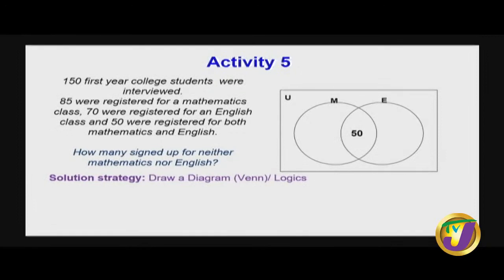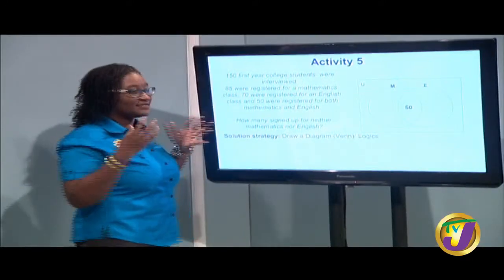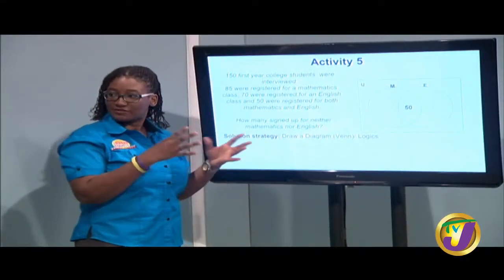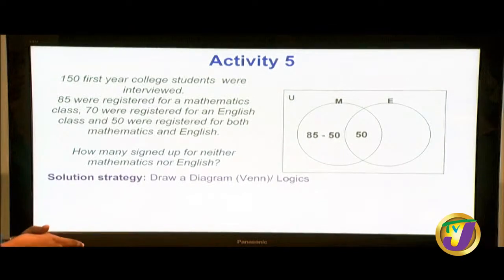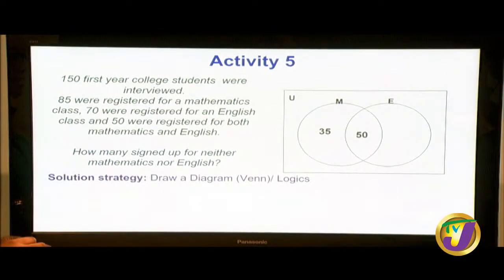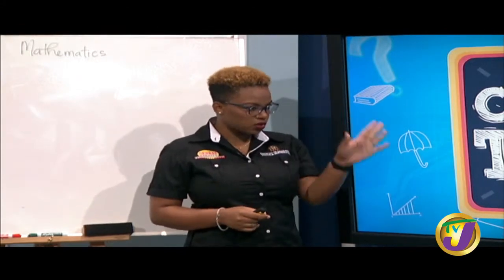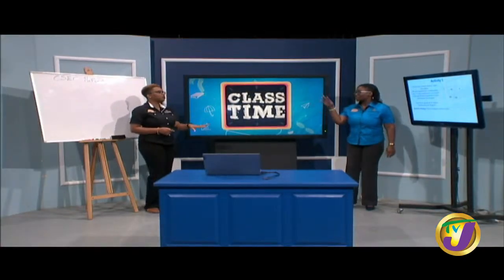So therefore, to find those who registered for math only, I would need to take those 50 students out of the 85 students who registered for math in total. Okay, we don't want to double count. There you go. Right. So let's see how many registered for math only. 35 students, all right? And when we sum that 35 and 50, we are still getting back that 85 students total who registered for math. Very important.